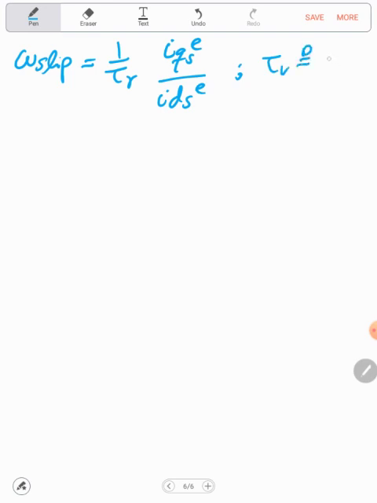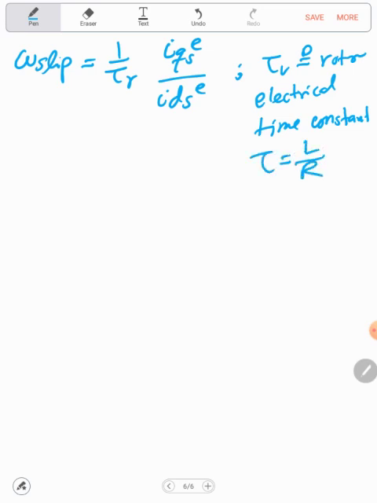So we can write omega slip is equal to 1 over tau r IQSE over IDSE, where tau r is the rotor electrical time constant. So tau in general is equal to L over R. Now we have this relation for omega slip.